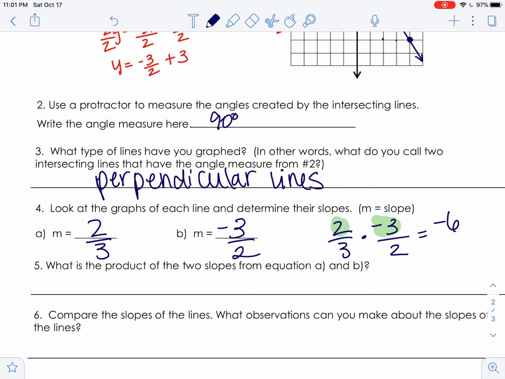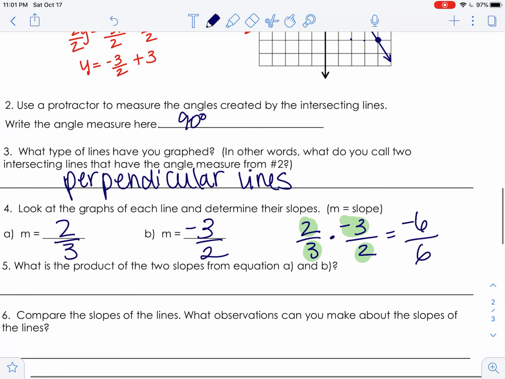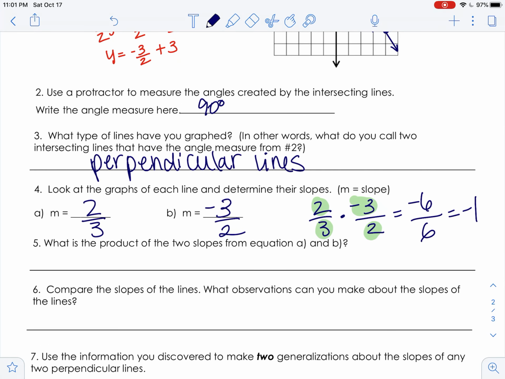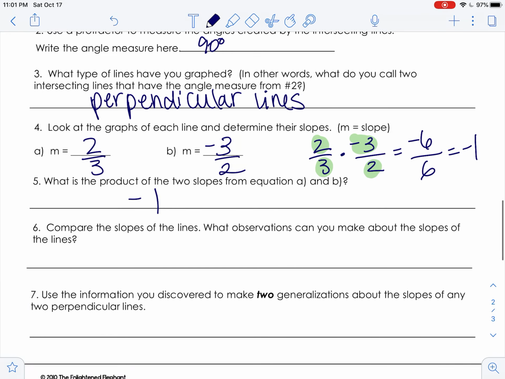So 2 times -3 is going to give you a -6. And then multiply the bottom, 3 times 2, it's going to give you a +6. So then -6 divided by 6 is going to give you -1. So the product of the two slopes of A and B is -1.